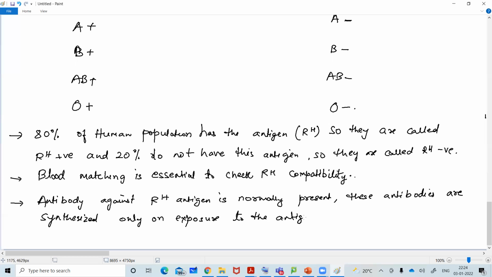So if antigen is present, then only body will produce antibodies. So when you are doing blood transfusion, you must check. Now, you might be thinking, if by mistake positive blood is given to the negative one, is there any chance we can prevent the incompatibility? The answer is yes, you can, by giving an antibody dose at the same time, so that all the Rh factors will be destroyed.